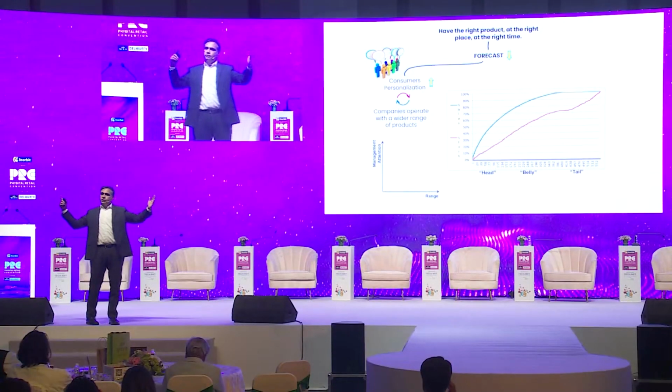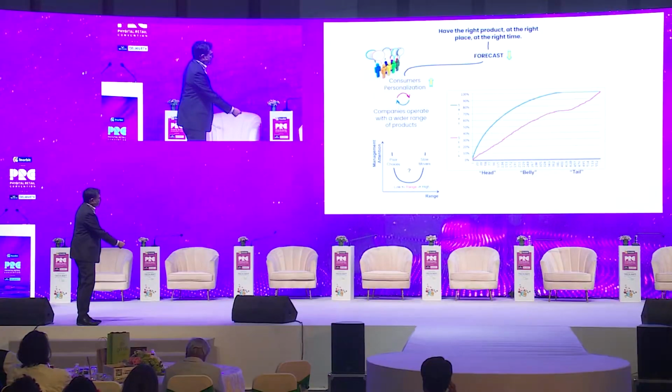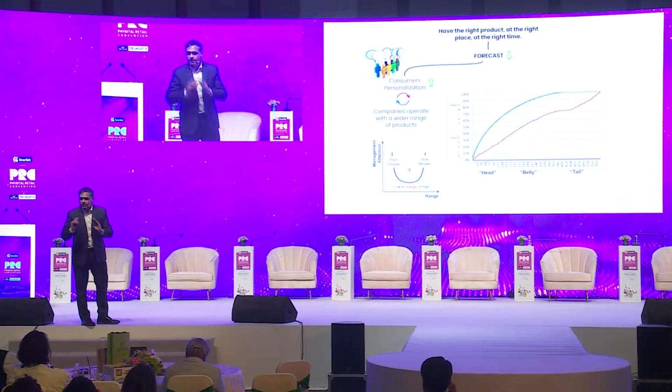If I draw management attention against the width of the range of products that we need to manage, I will get a U-curve. When we are not offering enough range, too low a range, poor choices in the marketplace, I'm losing a lot of sales and market share because consumer personalization is high, and there are lots of problems. Management attention is high.